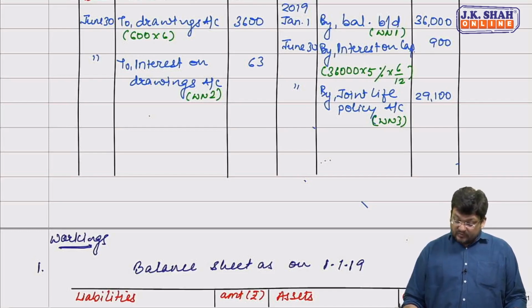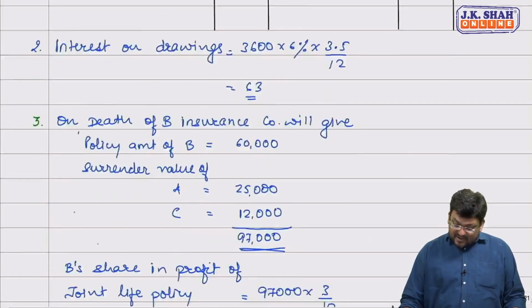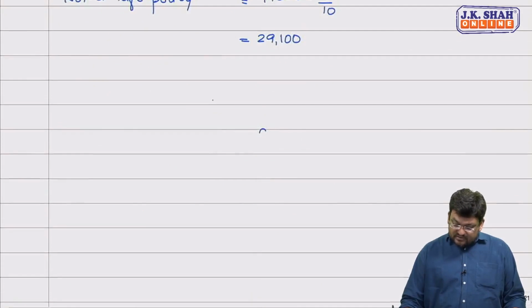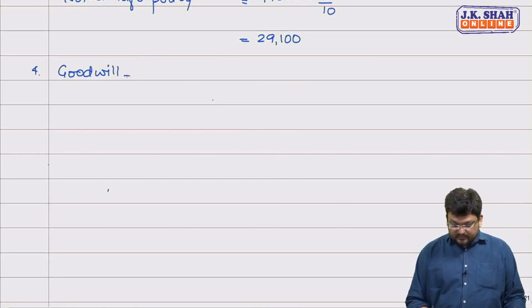Goodwill. Now, goodwill was evaluated at twice the average profit, which was 3,600. So, average profit is 3,600. So, firm's goodwill will be 3,600 into 2, 7,200.